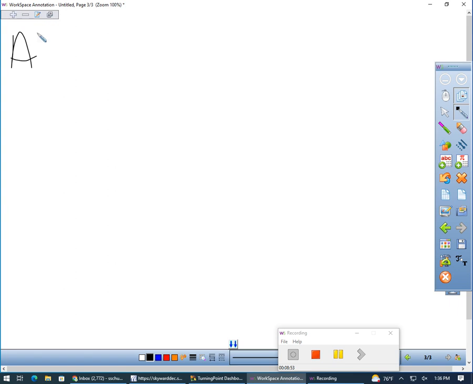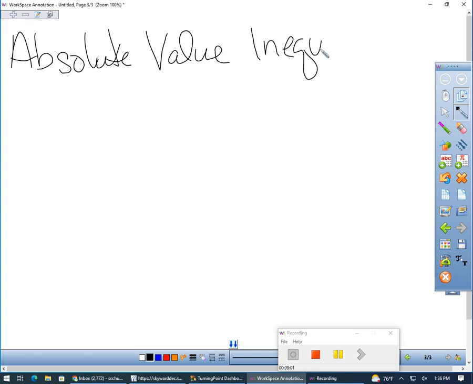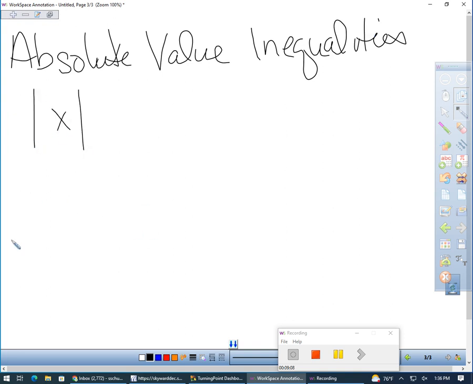Then when we talk about the absolute value inequalities, if I have the absolute value of x is less than or equal to a number, this less than sign means it's going to be an and problem, which means your solution set is going to be sandwiched between 2 endpoints, right?